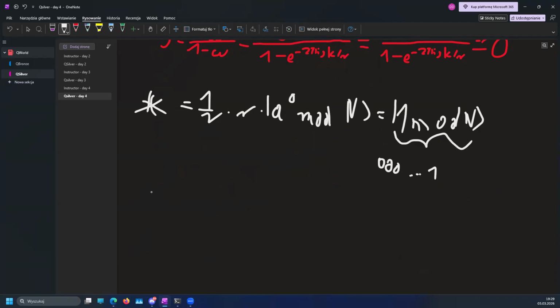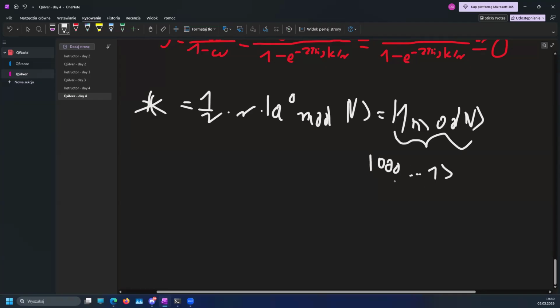So you will need to initialize a register that will be capable of expressing n minus 1 in binary, and then in that register express just number 1. So it will be something like that. And here we will have log 2 n, rounded up.